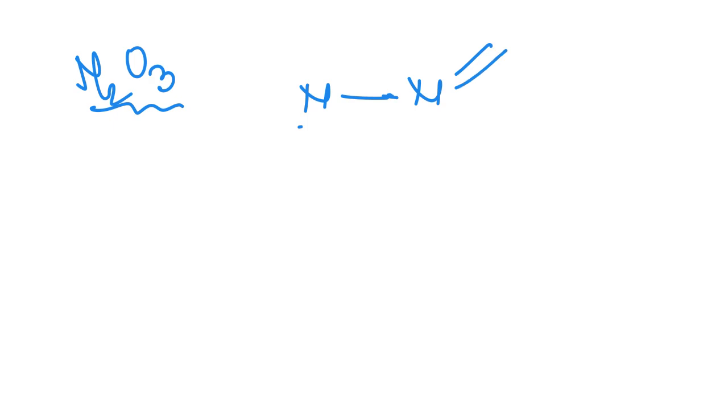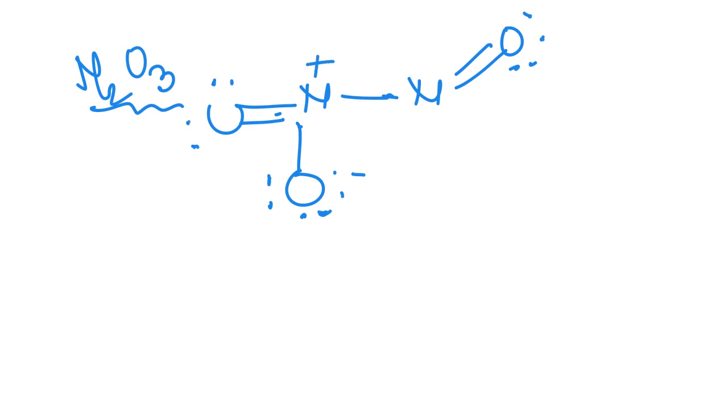Then on one side you will have a double bond O with 4 electrons on the oxygen, and on the other side one will form a double bond O and the other a single bond. Whenever there is a single bond, you make 3 lone pairs of electrons, and whenever you have a double bond, you make 2 lone pairs of electrons. So this is the structure of N2O3.